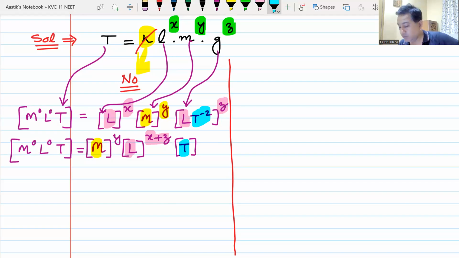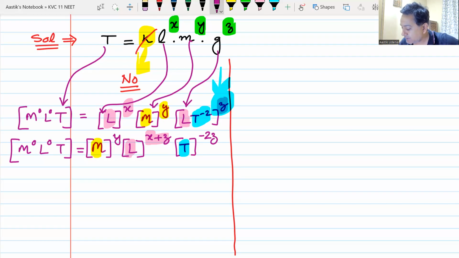Can you tell me what is the power of t? Open your eyes and see it again. What is the power of t now? Minus 2z.